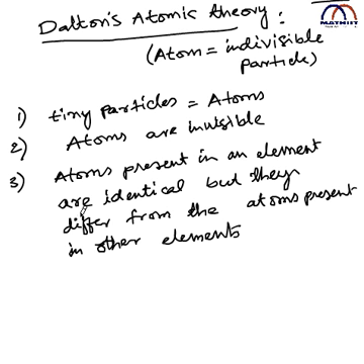So what he is trying to tell is that if you take one element, all the atoms present in that one element are identical in all aspects, maybe in terms of their mass, maybe of their chemical behavior, everything is identical in an element. But if you compare these atoms with the atoms of another element, they differ.